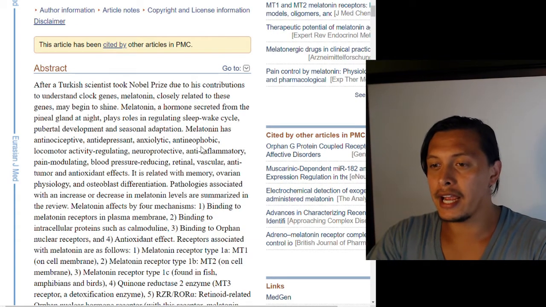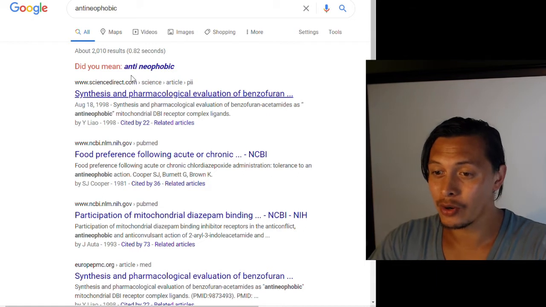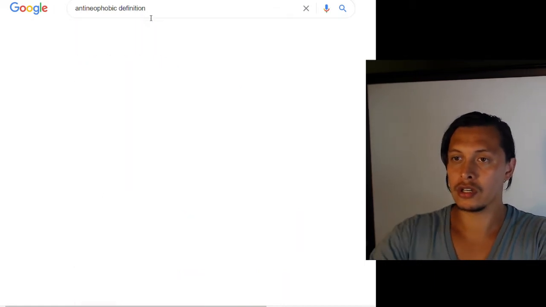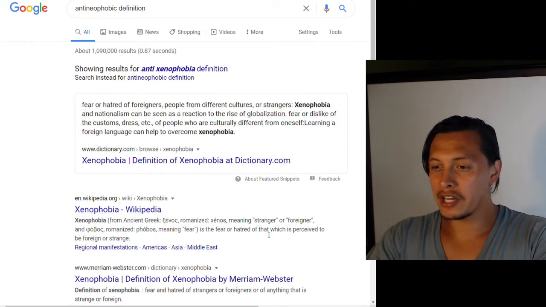It can also be anti-neophobic, which would be... I actually don't know what this means. So, anti-neophobic definition. So here they're talking about xenophobia.